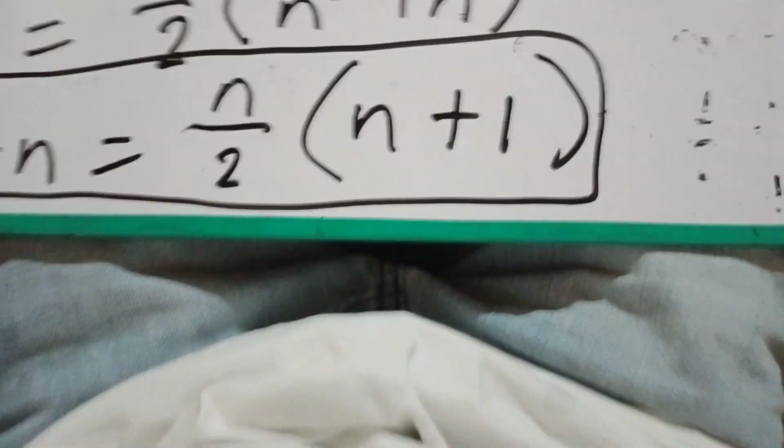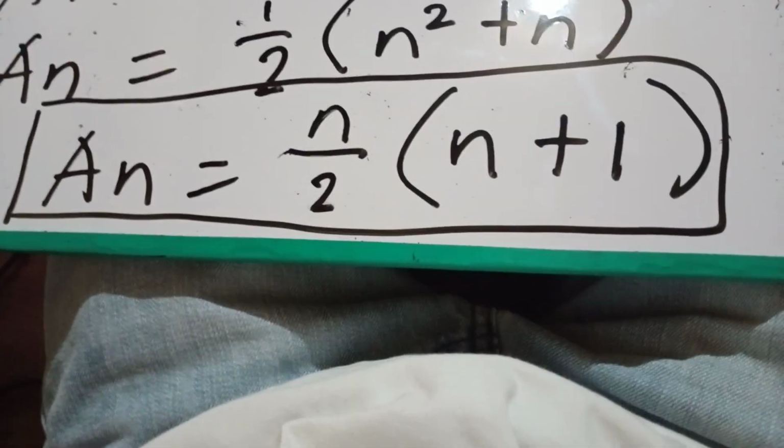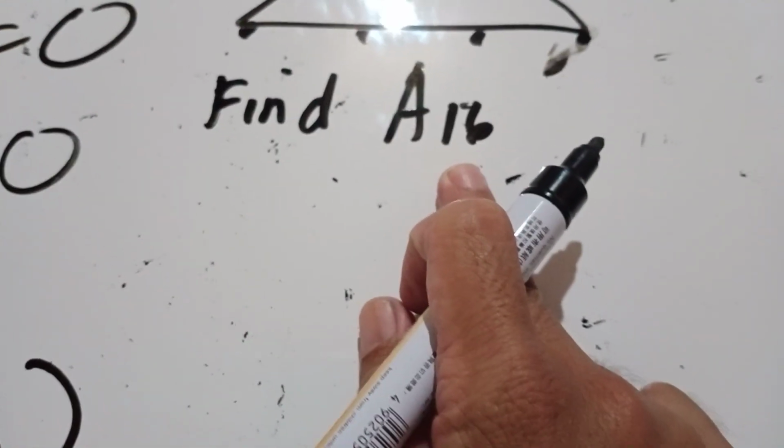Now we have the general formula. If the problem is to find a sub 16, just substitute n with 16.